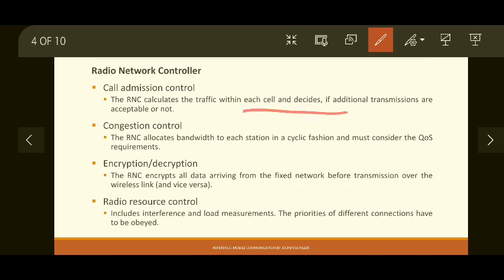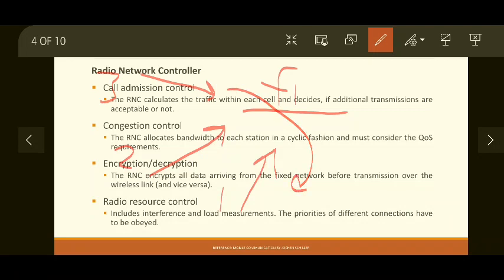Let's say there is a channel called F1. If two users are trying to access the same channel, they will be allocated this channel one by one. Or if there are 3 users, it will be in a round robin manner: first, second, third, back to the first, then second, then third, in a cyclic fashion.